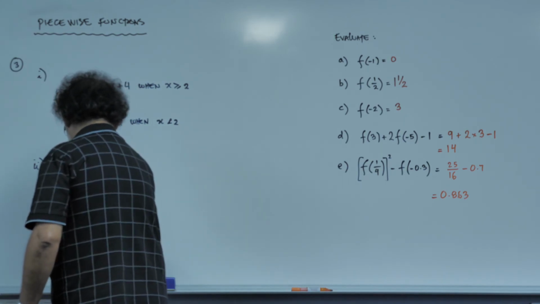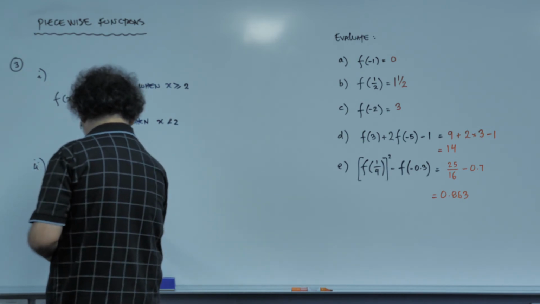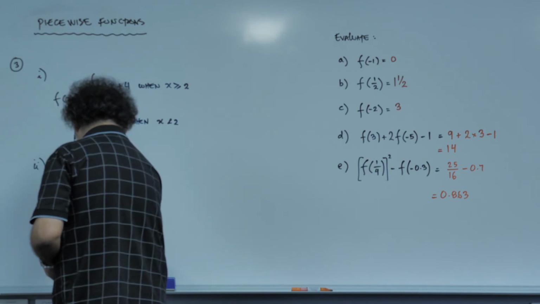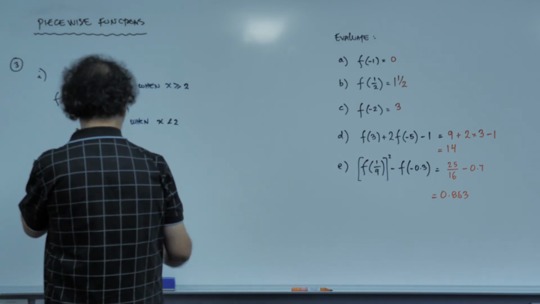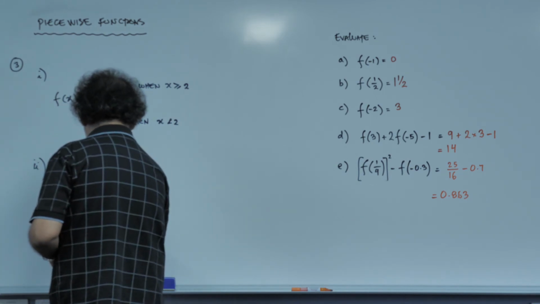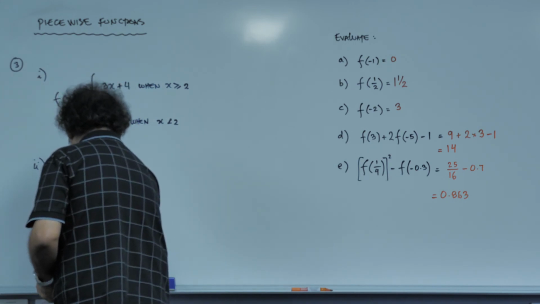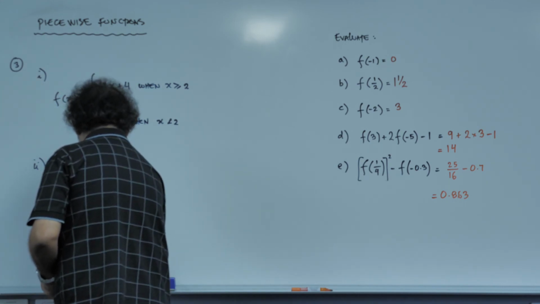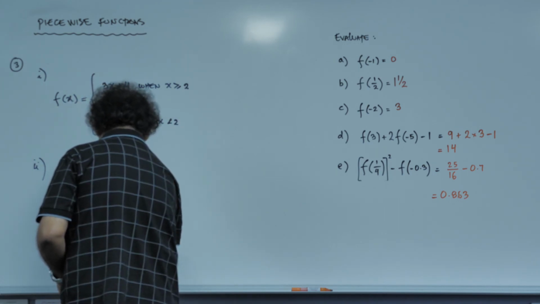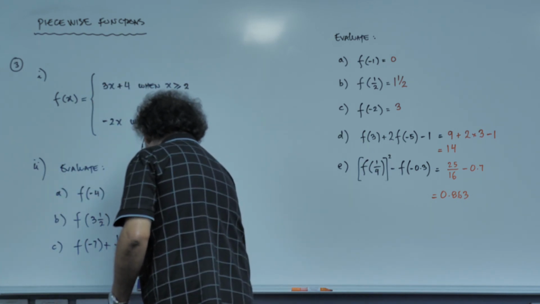Evaluate: a, f of negative 4; b, f of 3.5; and c, f of negative 7 plus half of f of 1.2.